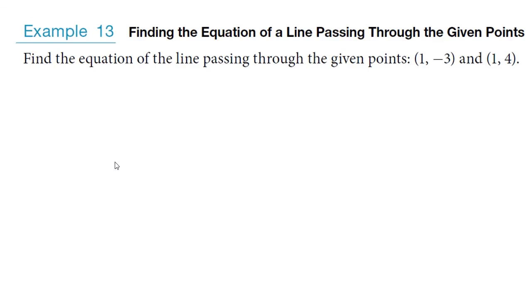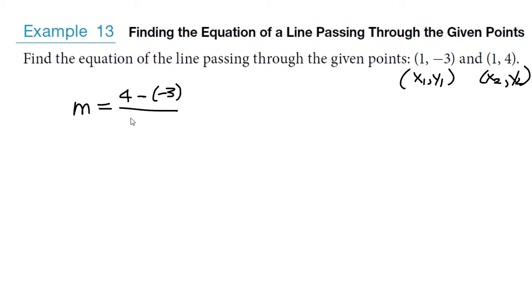In example 13, we're going to find the equation of a line passing through the given points 1, negative 3, so let's call that x1 and y1, and 1, 4, so let's call that x2 and y2. So the slope of the line, m equals y2, which is 4, subtract y1, which is negative 3, all divided by 1 minus 1. So this is going to be an undefined slope, isn't it?